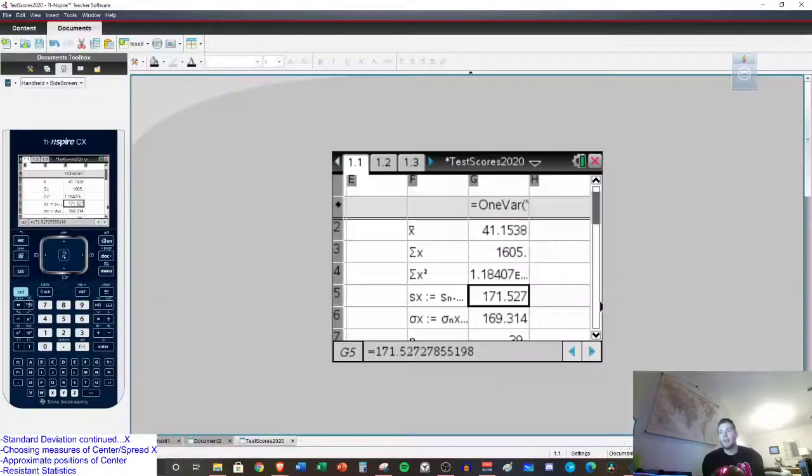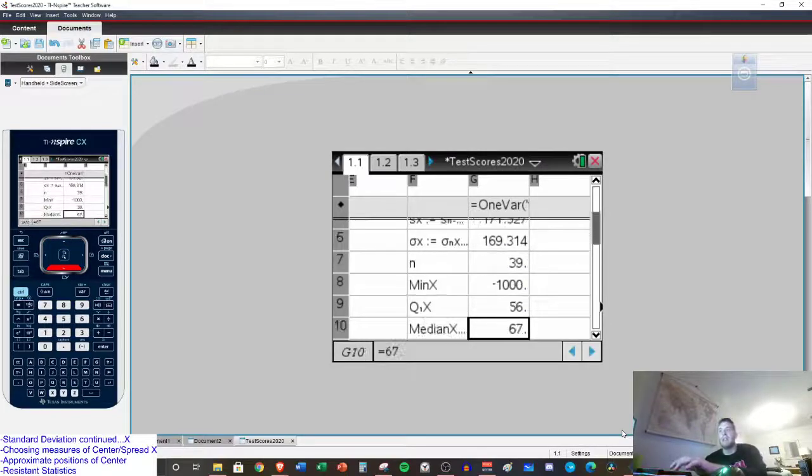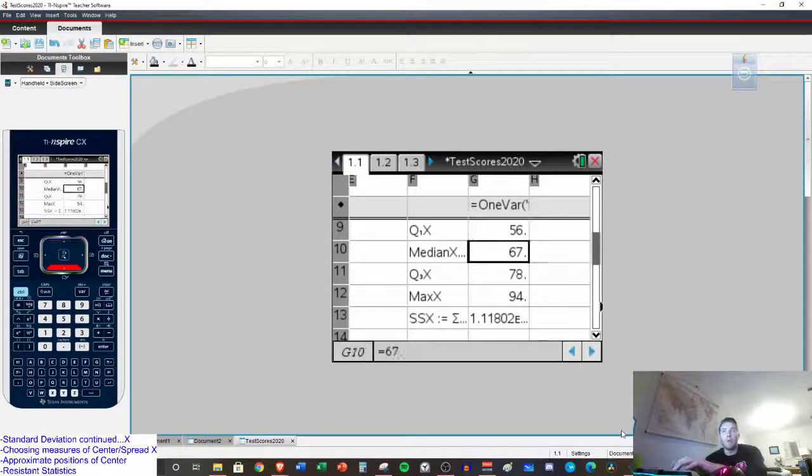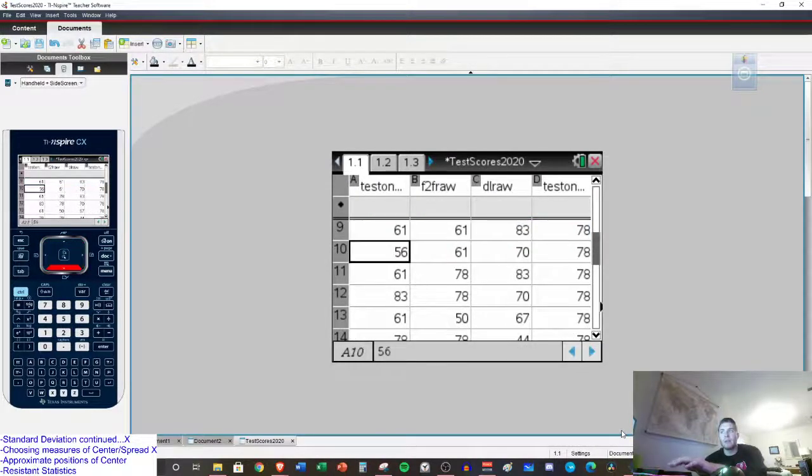So let's talk about some of our other statistics on here. We've got mean, standard deviation, and median. What about minimum? You can see the minimum is now negative 1,000, so that was changed pretty drastically when I put that in there. Maximum didn't really change until I did the other direction. But what about the quartiles? The quartiles haven't really changed. Let's go back over here.